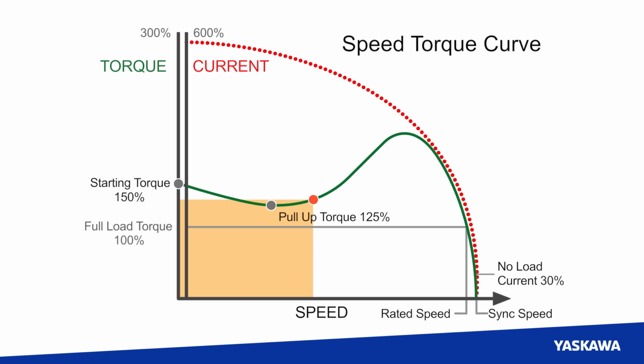As the motor continues to accelerate toward its rated speed, it encounters its breakdown torque. Breakdown torque is the greatest amount of torque a motor can generate. When the motor has accelerated to its rated speed, the motor should be producing between 80 to 100% of its rated torque. That is, of course, if the machine has been designed properly.